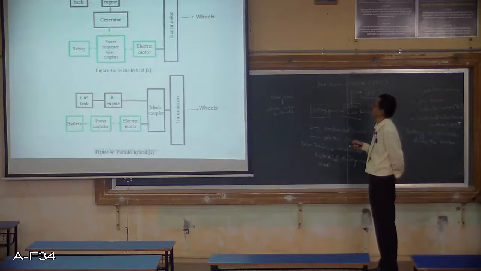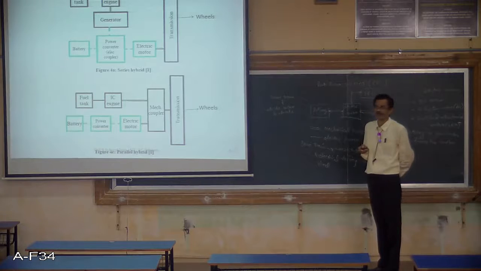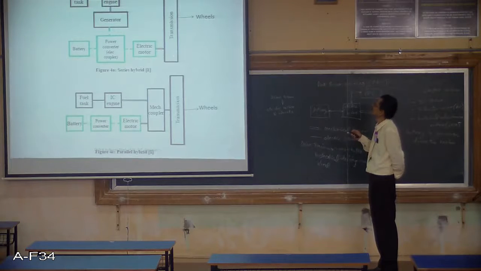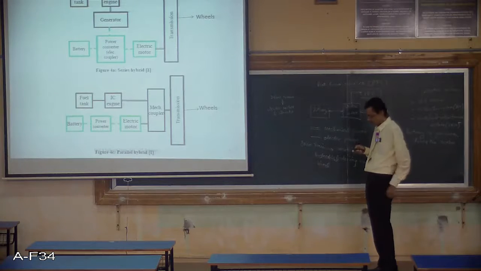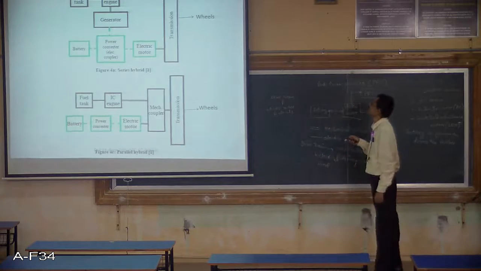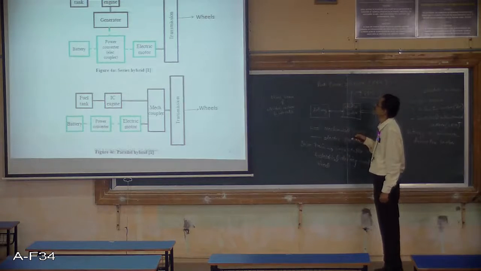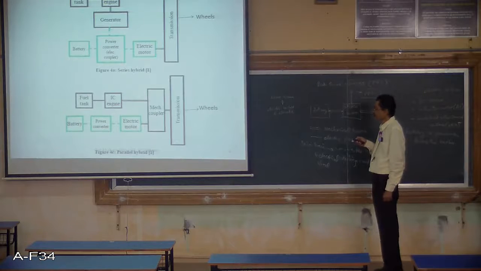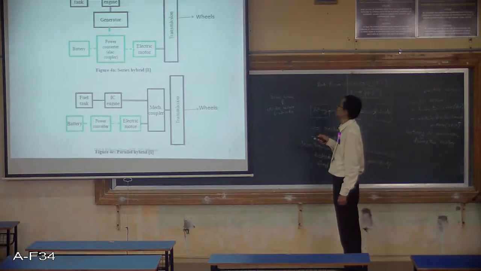Now in the other way, suppose the battery voltage is more than the voltage at which the electric motor is to be driven, because as you know, the speed of the wheels is to be controlled by the driver or the operator, and this speed will be governed by the electric motor. If you want to change the electric motor speed, you have to change the input voltage.